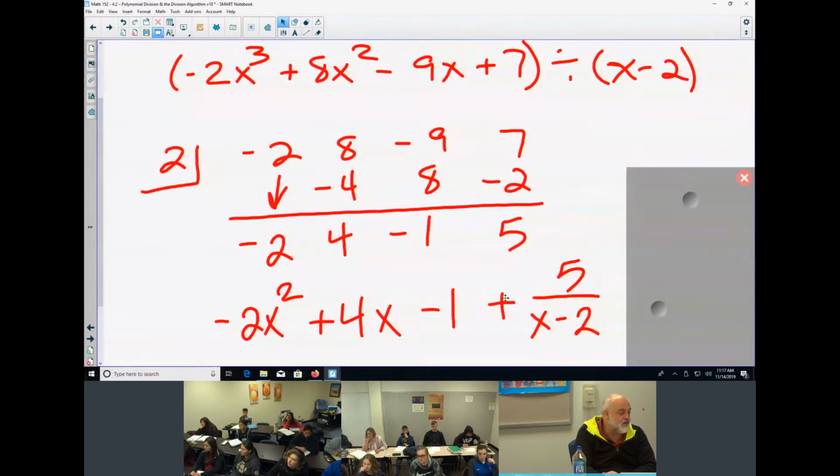So you have -2x squared plus 4x minus 1, and then the last number, you write the remainder over your divisor, x minus 2. Now, whatever the power is in your original dividend, so we start with x cubed, the power in your answer should be 1 lower, x squared.